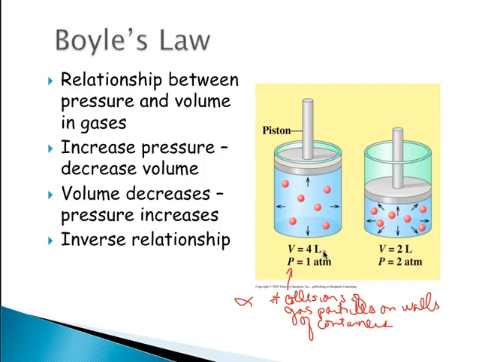Okay, now we're going to be changing the volume, decreasing the volume from 4 liters to 2 liters. One thing you need to remember in this law is that the temperature of the sample remains constant.